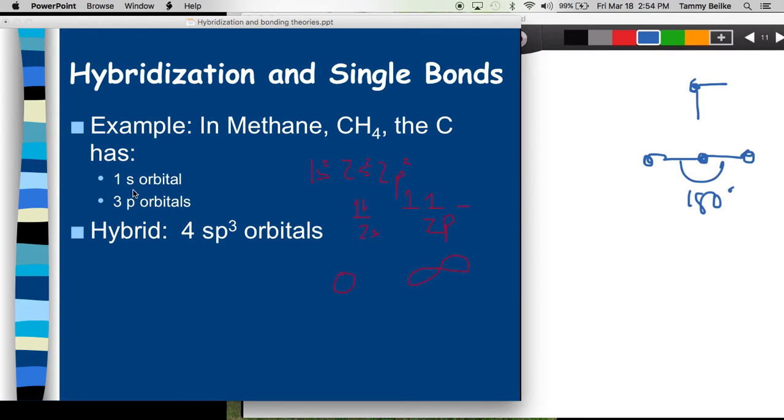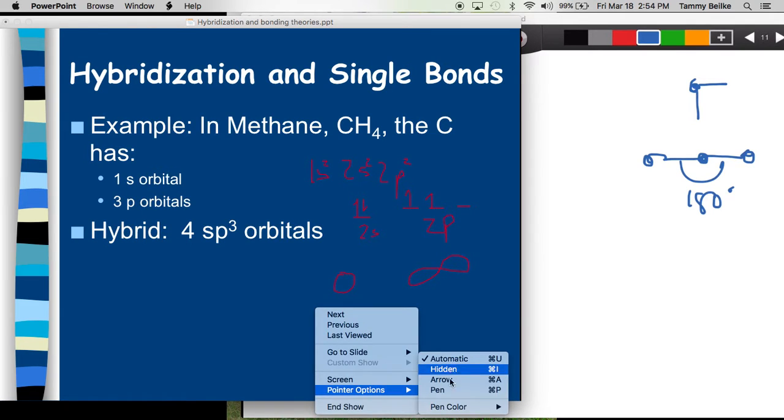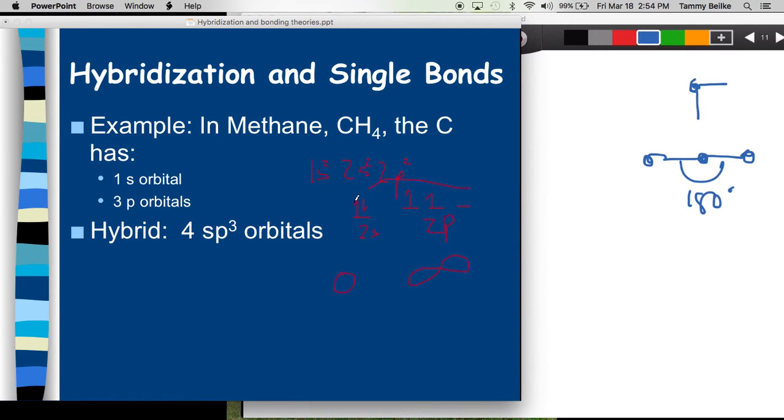So here's what's going to happen. We're going to take an s orbital and the 3 p's, and mix them all together. They form 4 equivalent new orbitals, and they're going to be renamed sp3.